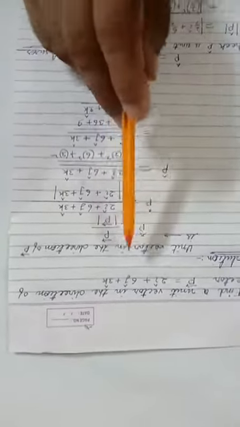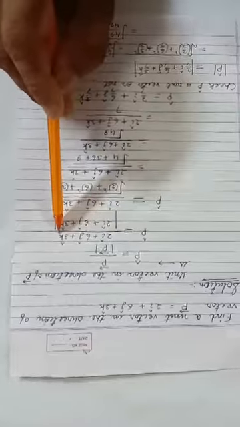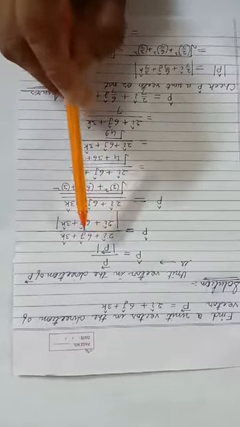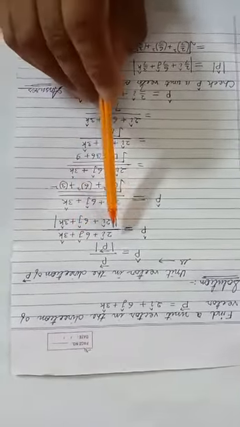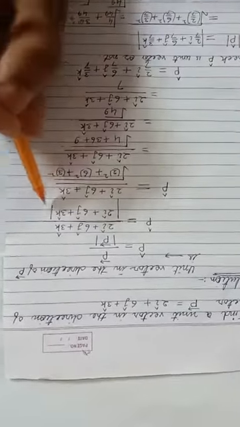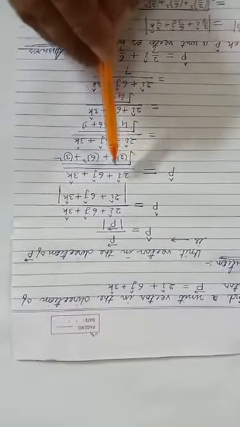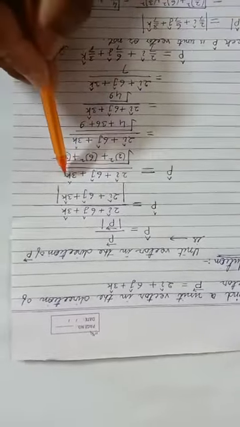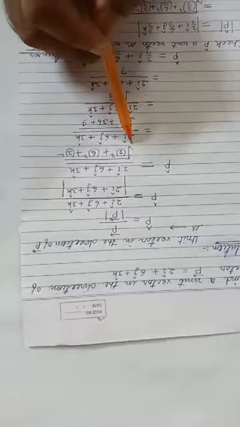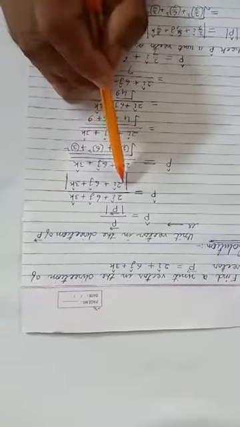So write the given vector. Vector p is 2i cap plus 6j cap plus 3k cap, divided by its magnitude. To find the magnitude, we write it in mod, these two parallel lines. That is, p cap is equal to 2i cap plus 6j cap plus 3k cap upon. Students, as you know, we find the magnitude like this.